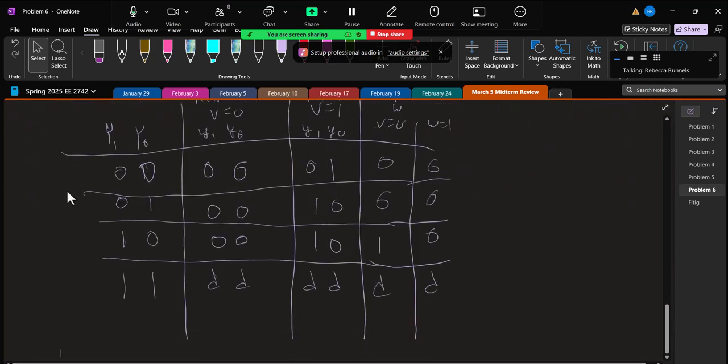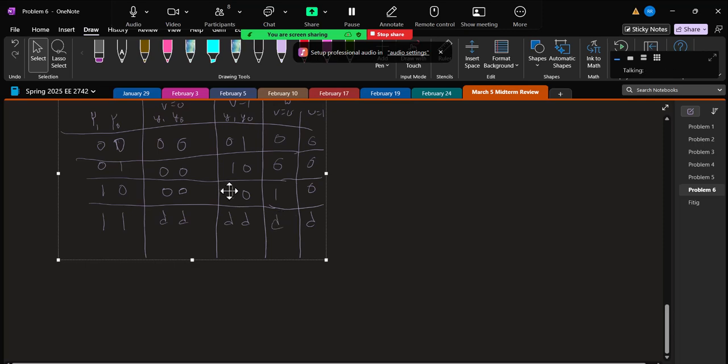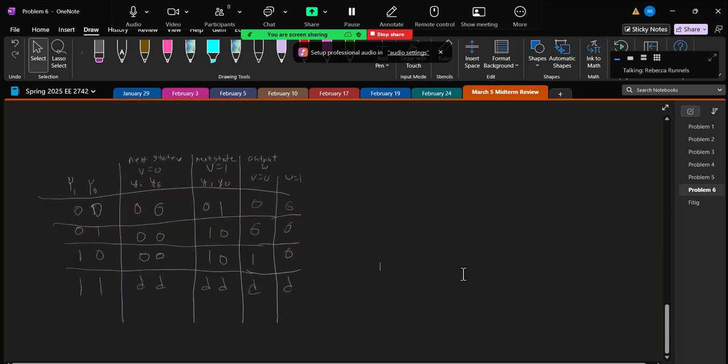Now I'm going to derive minimum Boolean expressions. This usually shows up on the test. Okay, so minimum Boolean expressions. So let's start with y1.